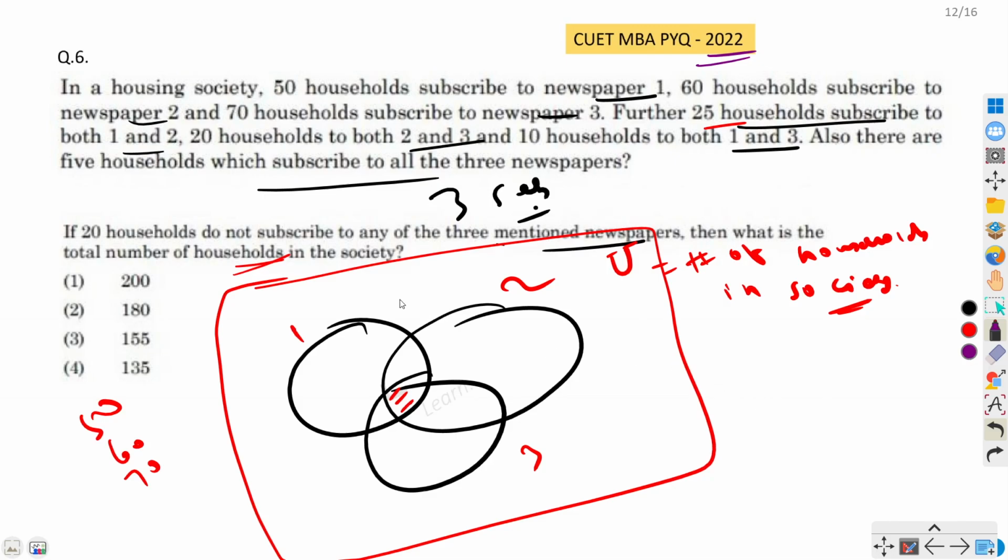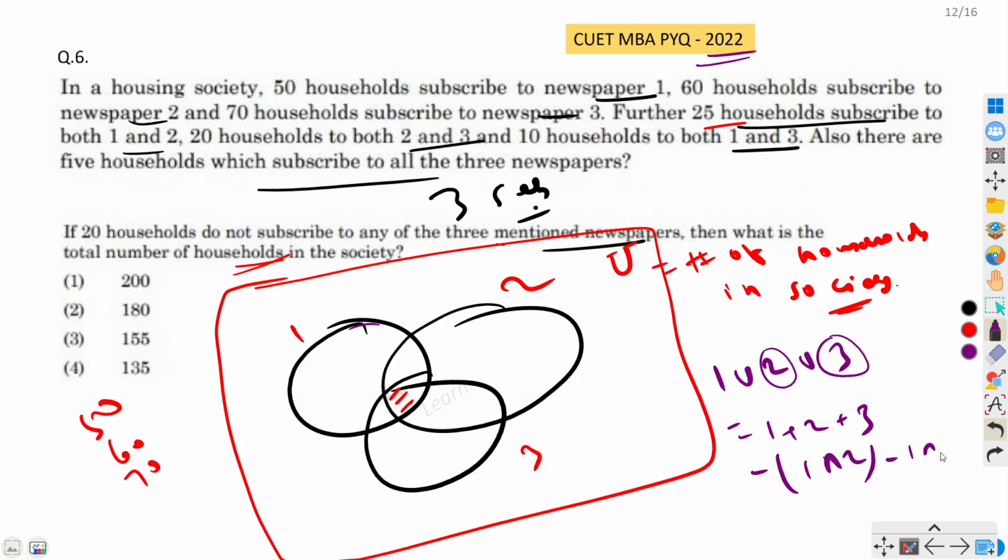We first have to find how many households have subscribed to at least one newspaper. So that would be 1 union 2 union 3, where 1 is the number of households subscribed to newspaper 1, and similarly for newspaper 2 and 3. How will we solve this? 1 plus 2 plus 3 minus 1 intersection 2 minus 1 intersection 3 minus 2 intersection 3 plus 1 intersection 2 intersection 3.